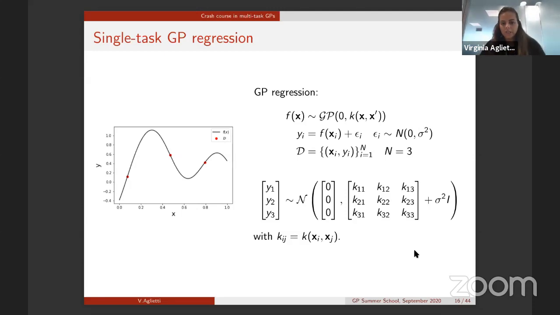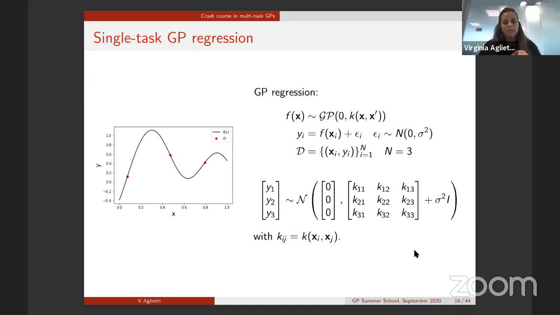So far you've seen in the summer school, in different forms, GP regression. In a GP regression, you have a function that is modeled by a Gaussian process. You have a likelihood that is assumed to be Gaussian, and you collect some data, which in this case are given by these red dots in the plot on the left side. And you can write the multivariate distribution for the outputs that are observed.